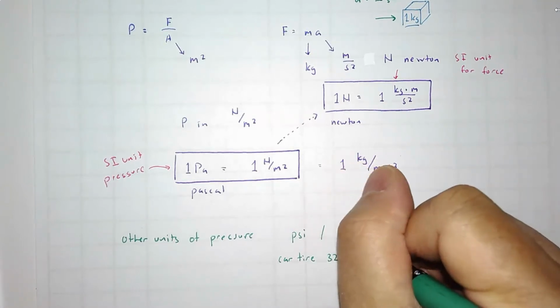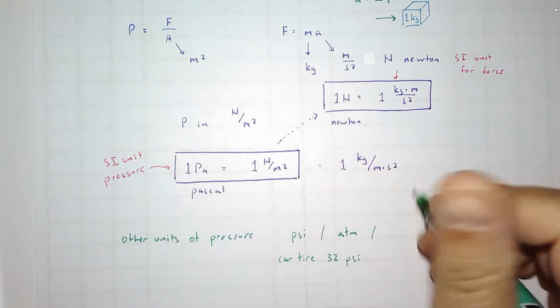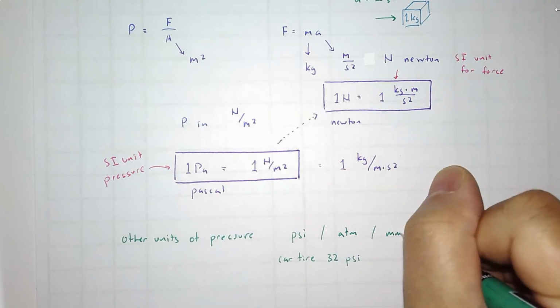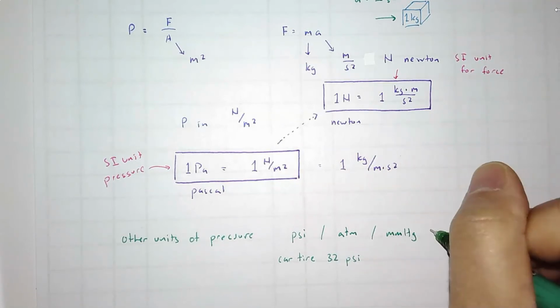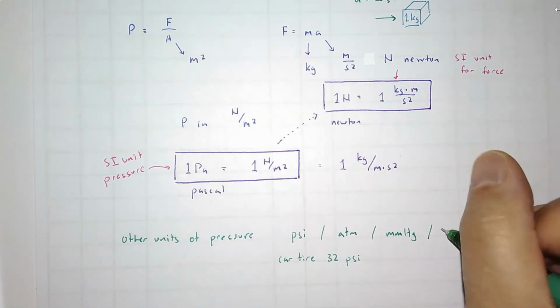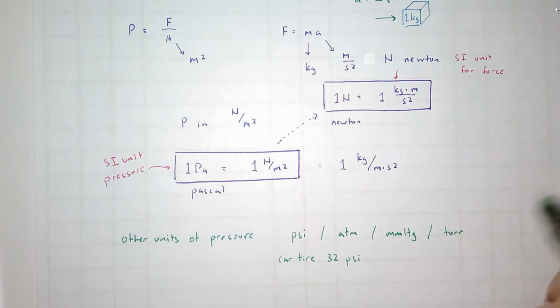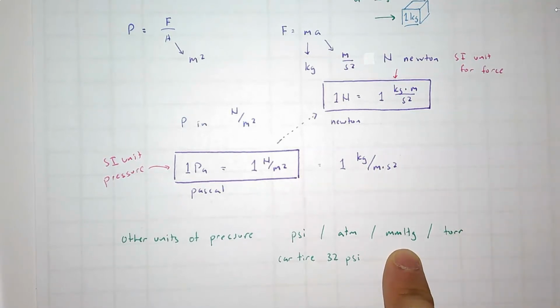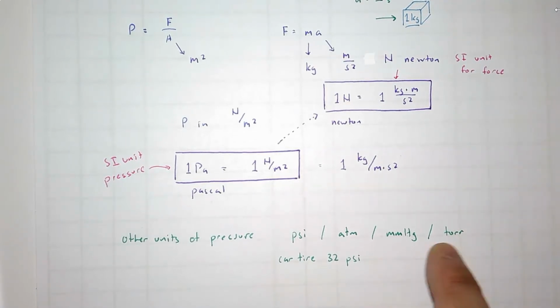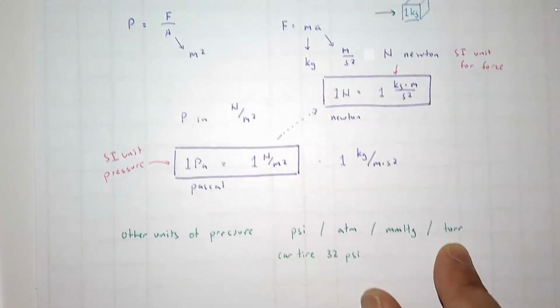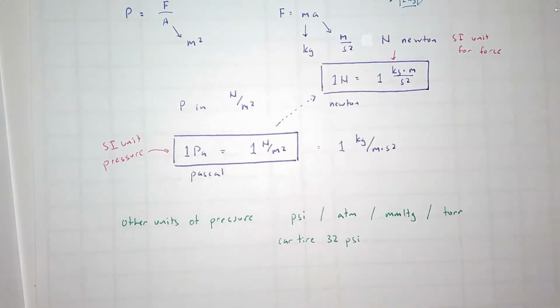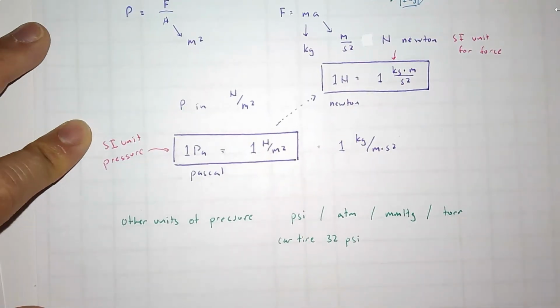You may know atmospheres, ATM. We also have millimeters of mercury, mmHg, and that's actually equal to a torr. 1 millimeter of mercury pressure equals 1 torr. Okay, that's number 1.